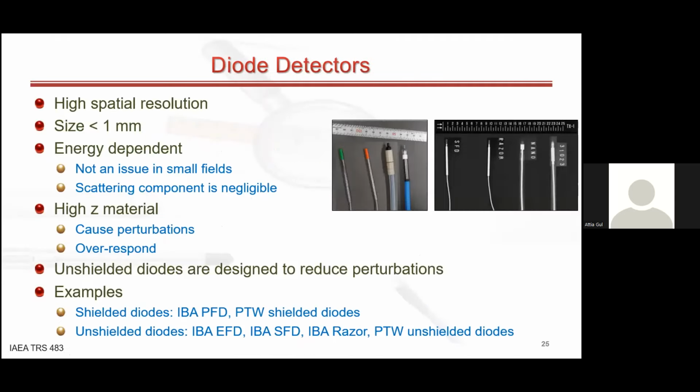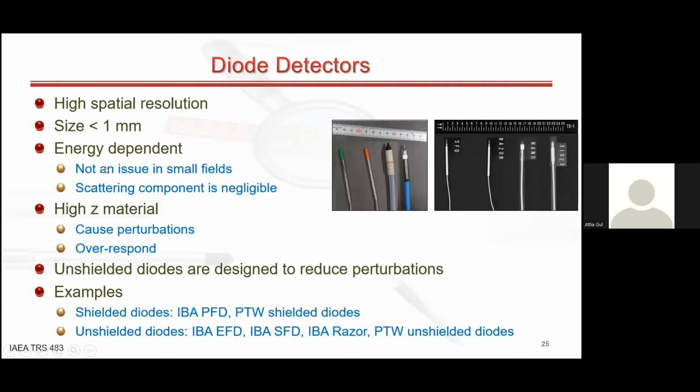Then comes another type of detector, that is the diode detector. It has high spatial resolution because its size is very small, and it has high sensitivity, therefore it can be manufactured in small size. But its issue is that it is energy dependent.